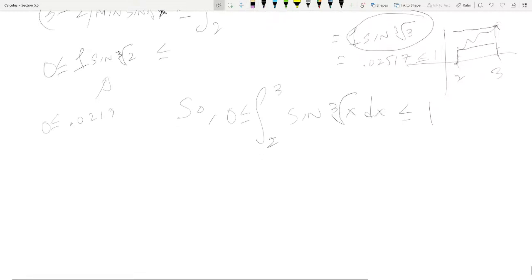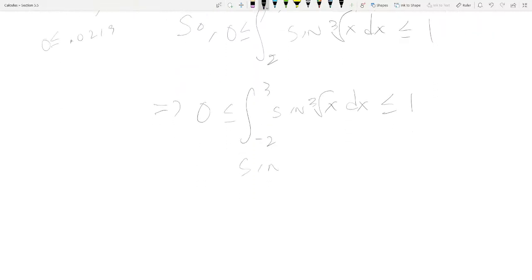But that also means, because the problem was asking about from negative 2 to 3, that the integral from negative 2 to 3 of sine cube root of x dx is less than or equal to 1 and greater than or equal to 0.